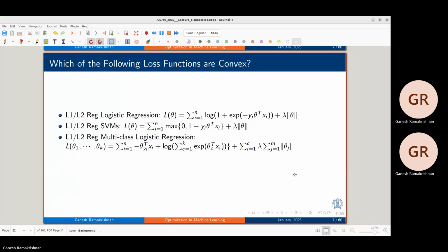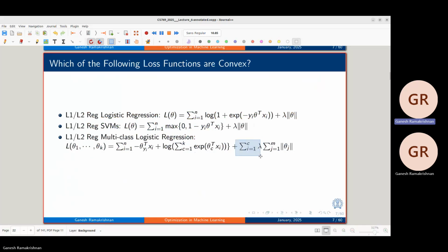Sorry? You're saying something is missing here? Okay, so there's a class C, xi outside. I think that's a good point.